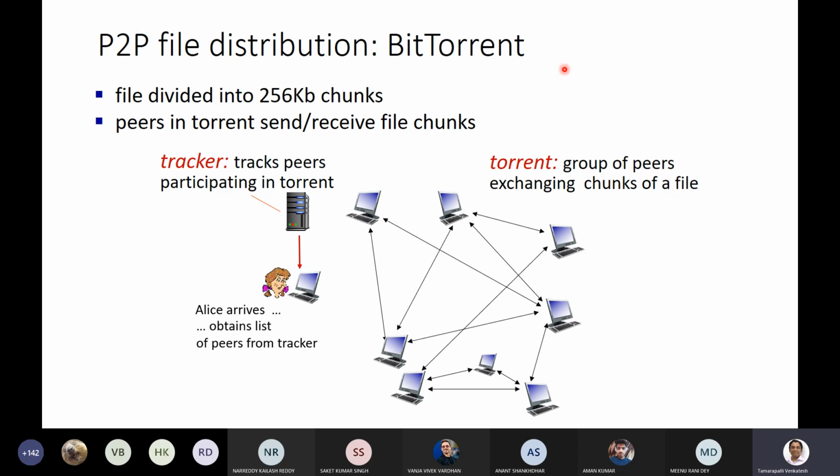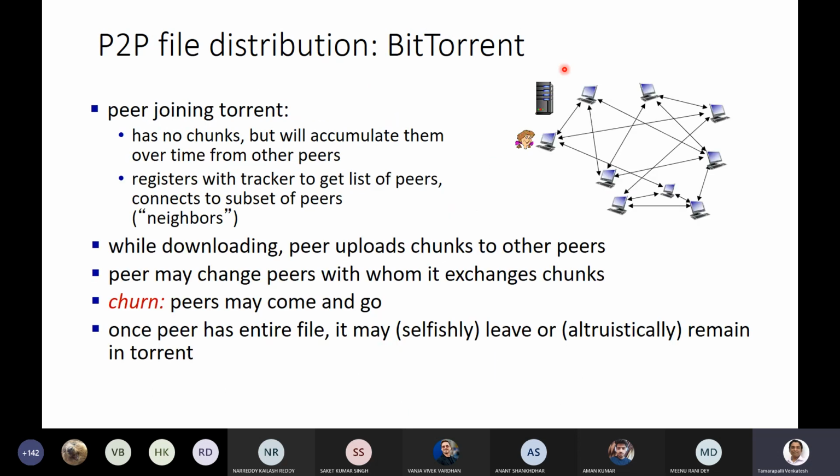So a new peer arrives, it gets the list from the tracker and then begins exchanging file chunks with the peers in the torrent. Okay, so you need only the IP address of the system, and maybe if there is some authentication, then you need to get that information.